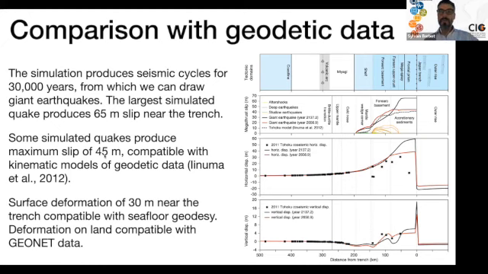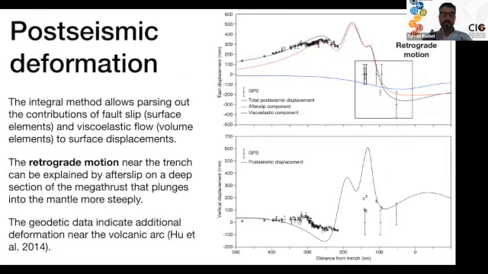So because the model includes viscoelastic deformation, we can continue the simulation and inspect what happens in the post-seismic period, where the deformation continues, albeit at a reduced rate, for several decades. And we can also compare this with observations. So one thing that was observed after the Tohoku earthquake is the so-called retrograde motion of the seafloor.